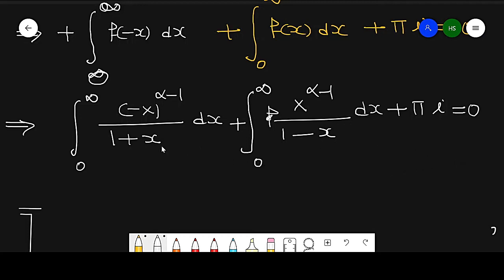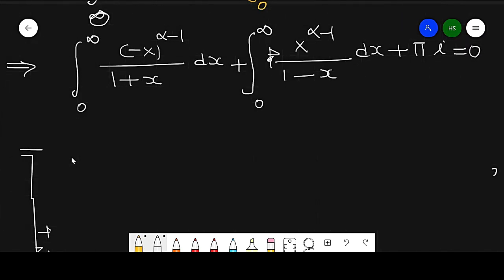Now equating real and imaginary parts in this form, because this can be written as, in the next step, this term minus 1 can be written as e raised to power iota pi. So this value is equal to minus 1 into x. So this value can be written as e raised to power iota pi, and this is minus x raised to power alpha minus 1.